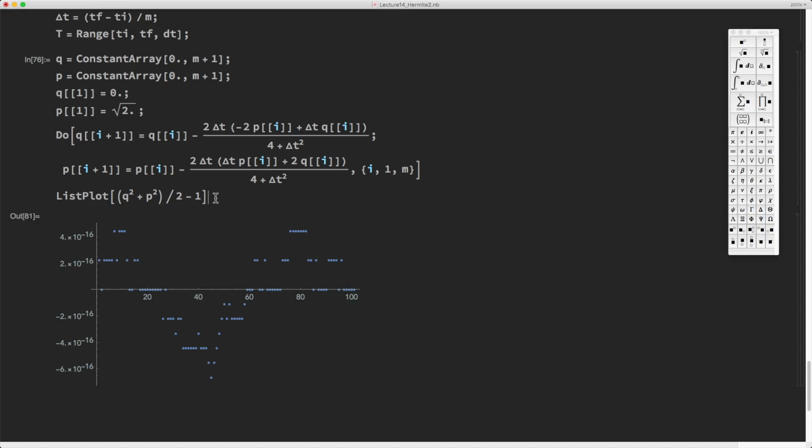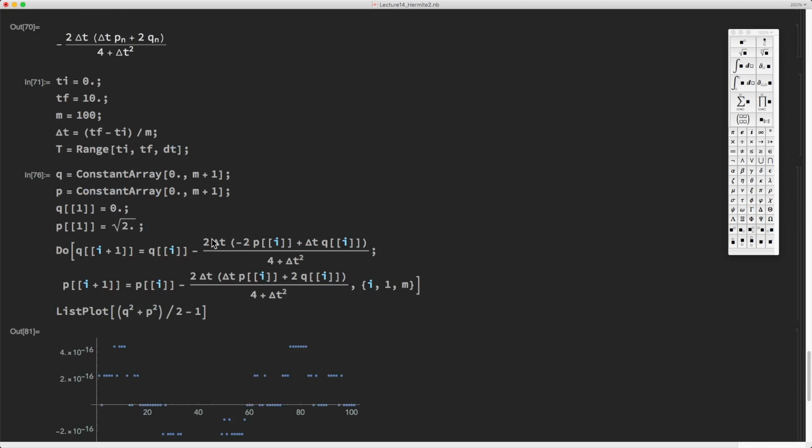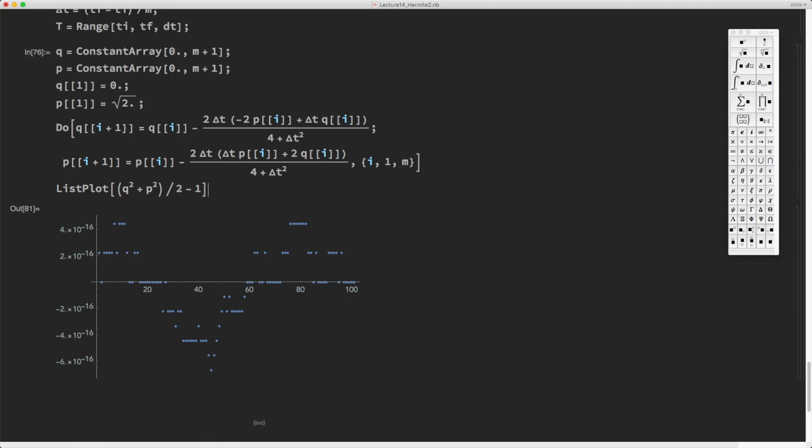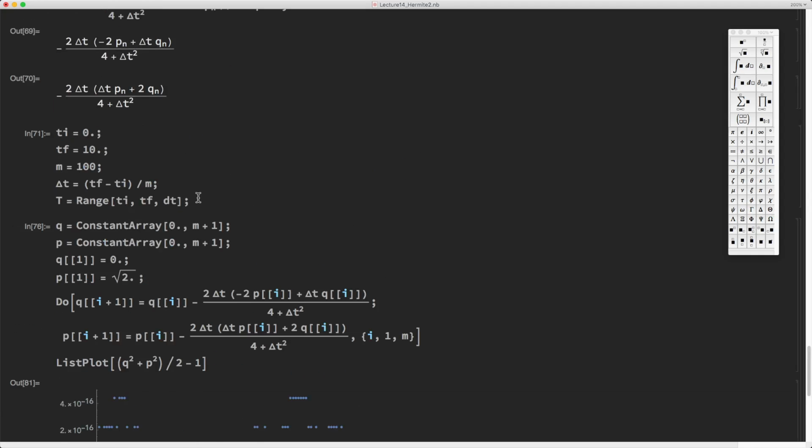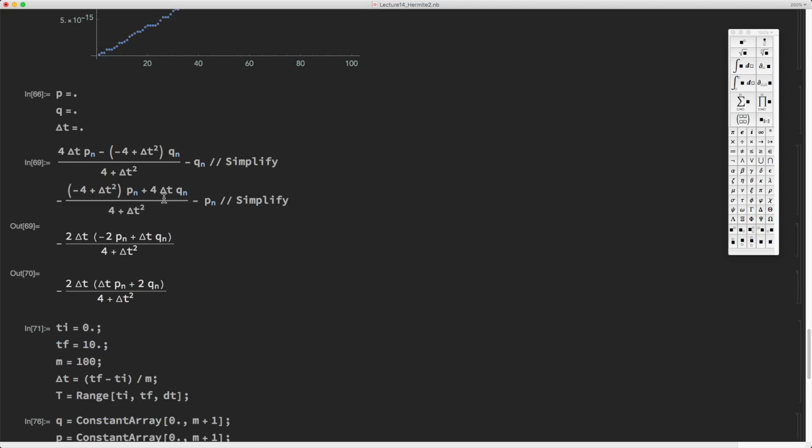Okay, so now we see that the energy is conserved to very high accuracy. The reason has to do with time symmetry. We know from Noether's theorem that systems that are invariant with respect to time translations conserve energy. In this case, our system has time symmetry, so energy should be conserved, because the equations are not dependent on time.